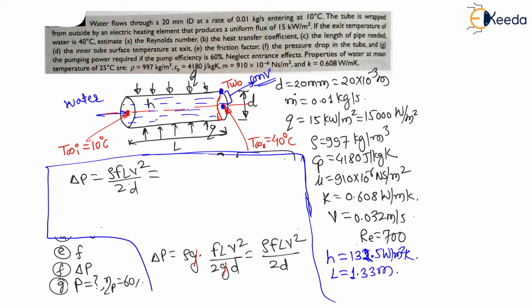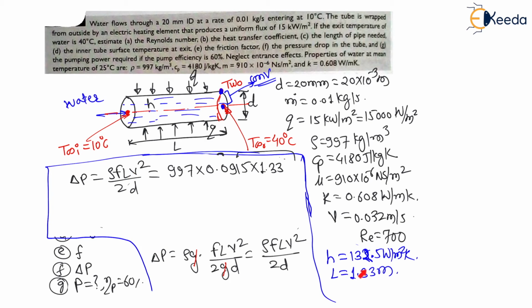So let us put the values. Density is given as 997. Friction factor, we have just calculated, is 0.0915, into length. The length we have calculated is 1.33.